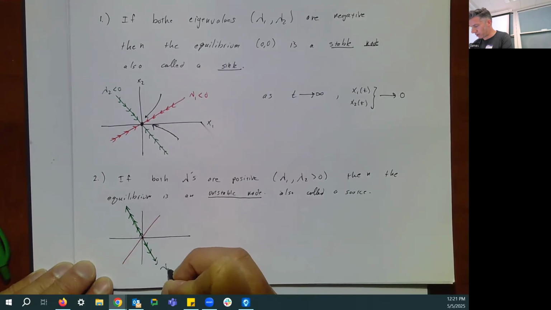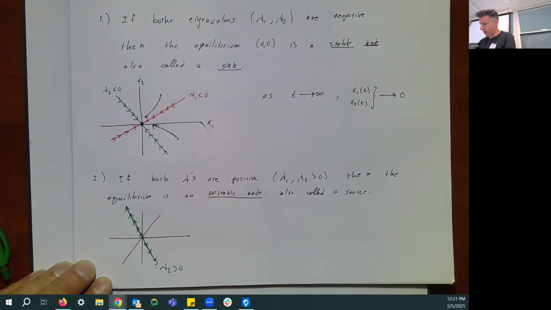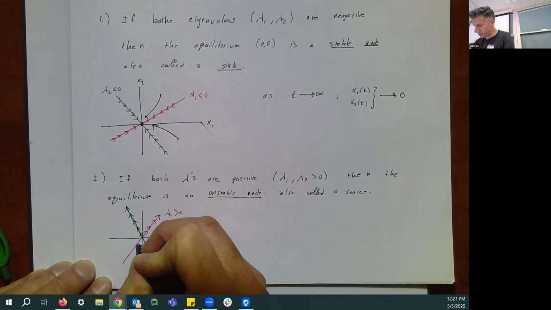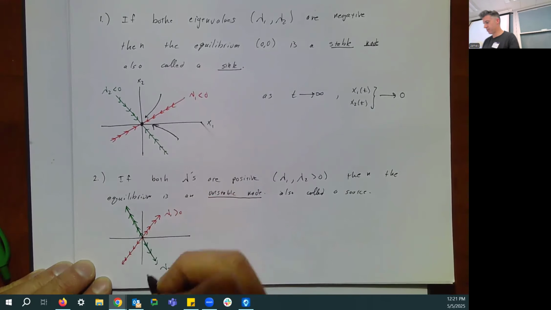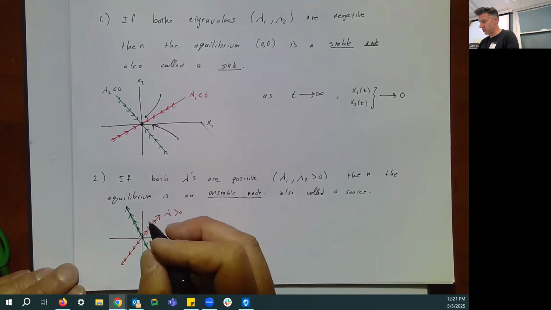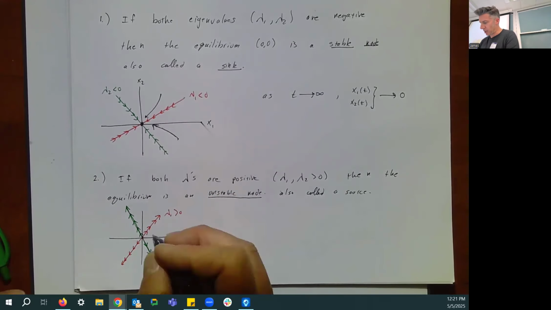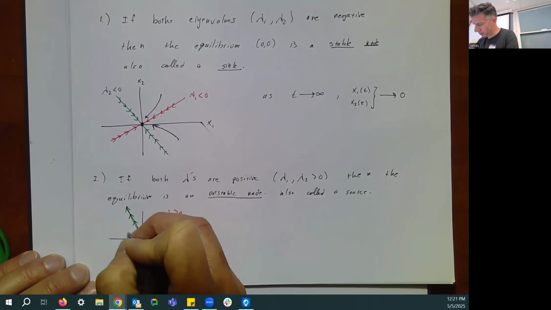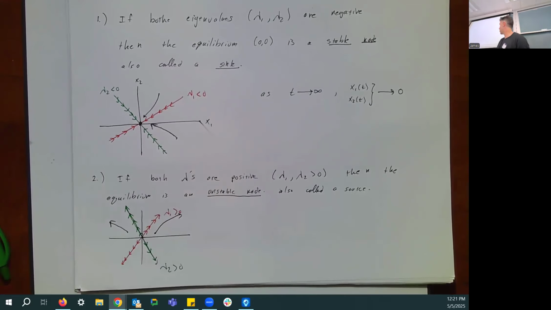Because both lambda 2 is positive and lambda 1 is also positive, any starting point, any initial condition is going to push away, away, away from the origin.